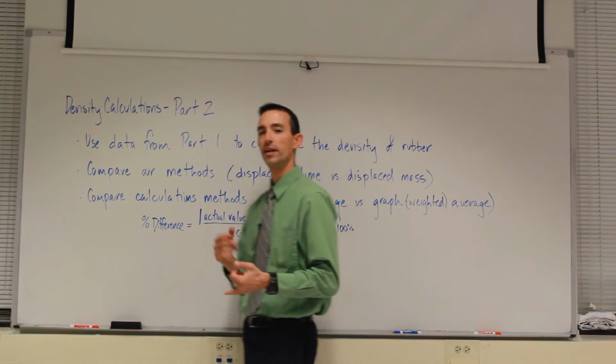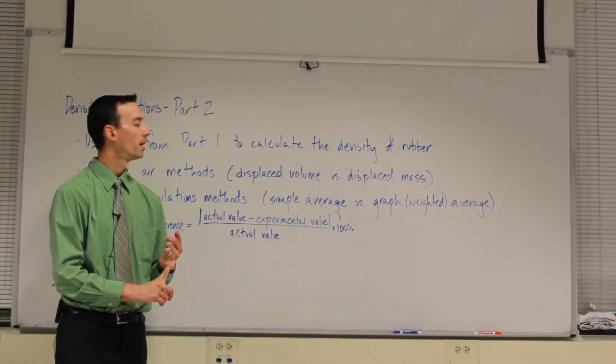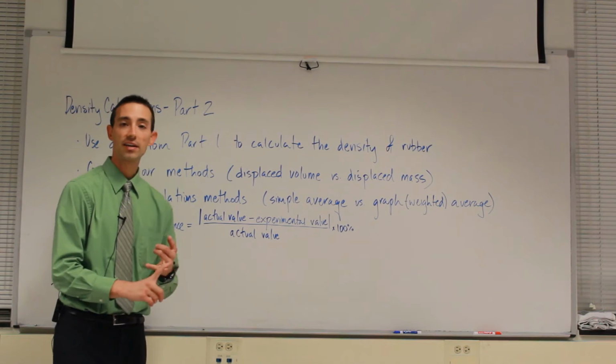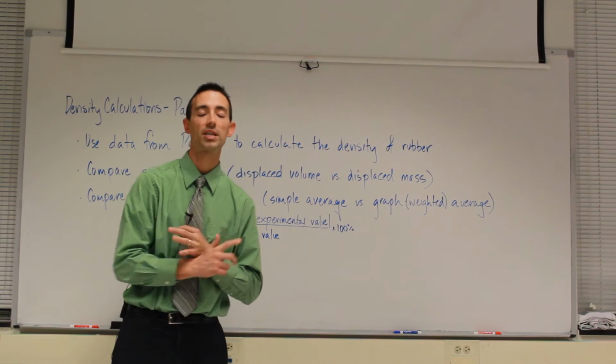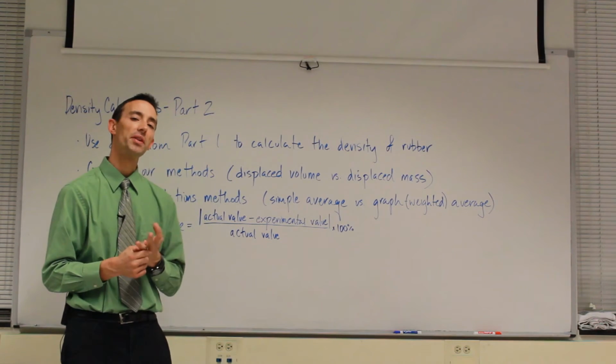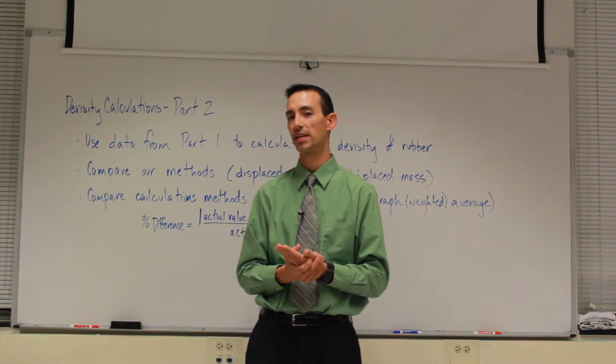So I've mentioned already a simple average, which is part of one of your calculations for the pre-lab. The other calculations focus again on density calculations, which you performed as part of the pre-lab last week. But this time both ask you to put your answer into the standard units for density.